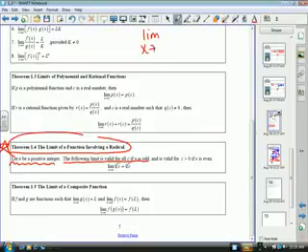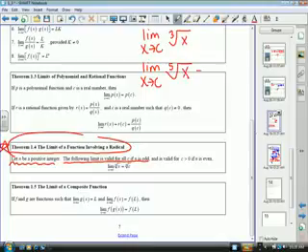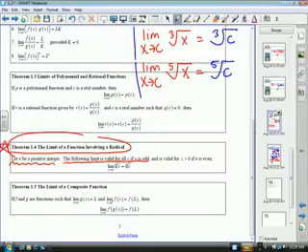What they're saying is, if I have a cube root, if I have a fifth root, any odd root, they're just basically telling me I can do direct substitution. Why?